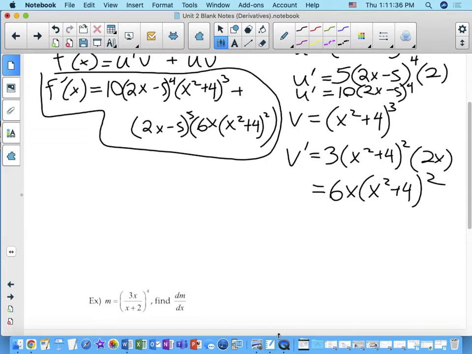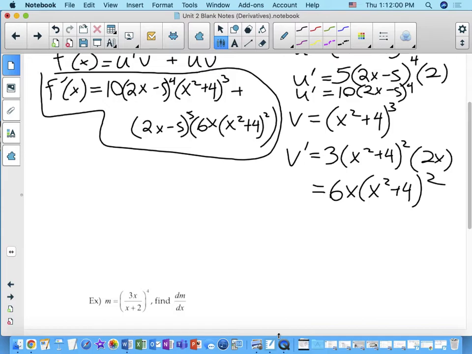And I've got 3 factors of x squared plus 4 here and 2 factors of x squared plus 4 here. And then between the monomial terms, I've got a 10 and a 6x. There's a common factor of 2. So you could actually factor out a GCF. And I want to practice doing that because we do that sometimes.